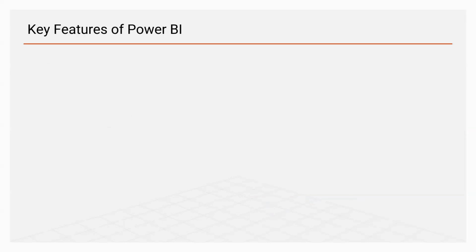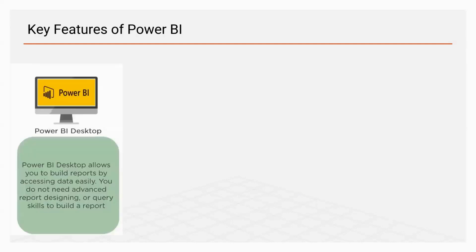Now, we will look at important features of Power BI. First is Power BI Desktop. Power BI Desktop is free software that you can download and it allows you to build reports by accessing data easily.